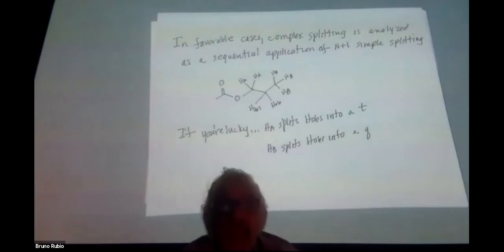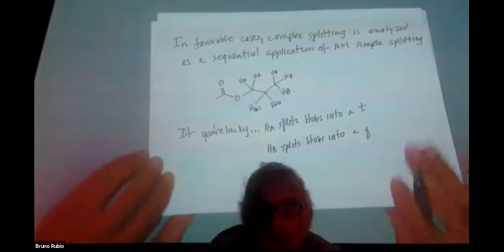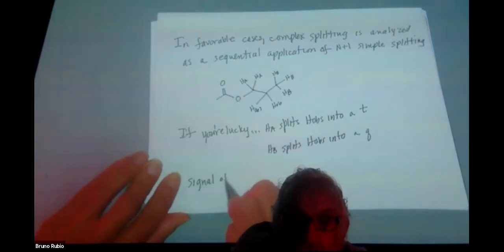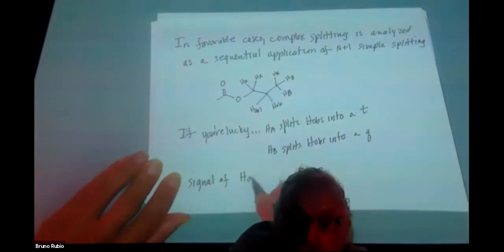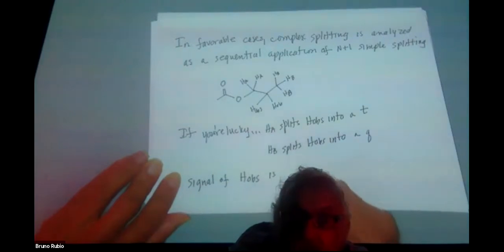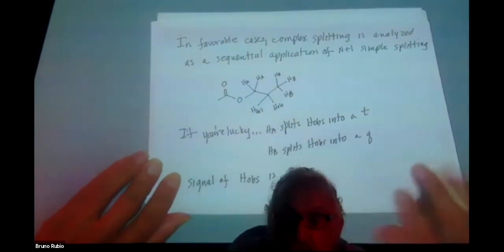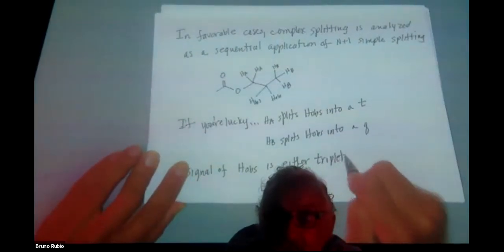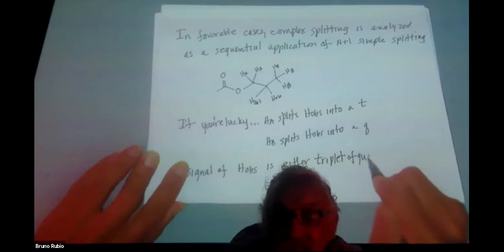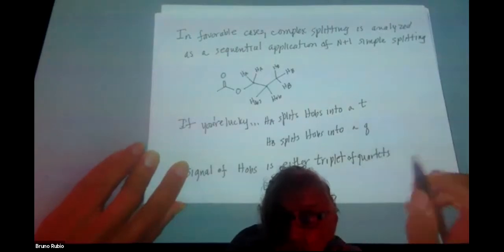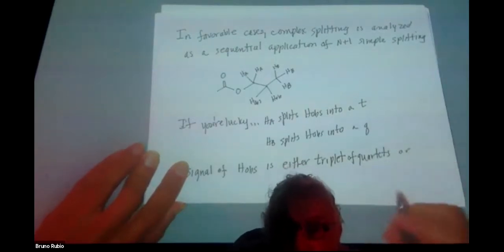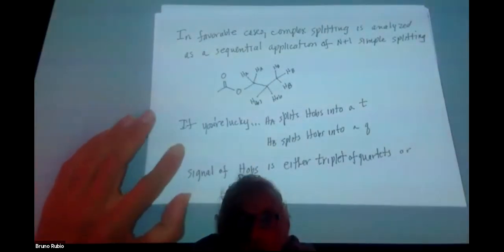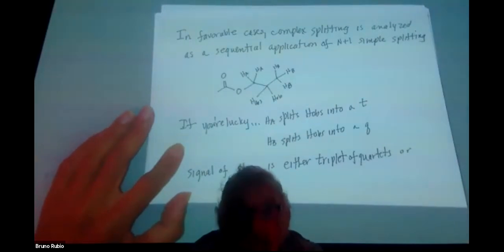So in favorable cases, the signal of H observed is either a triplet of quartets, or, in other words, I turned on the triplet splitting, then I turned on the quartet splitting.